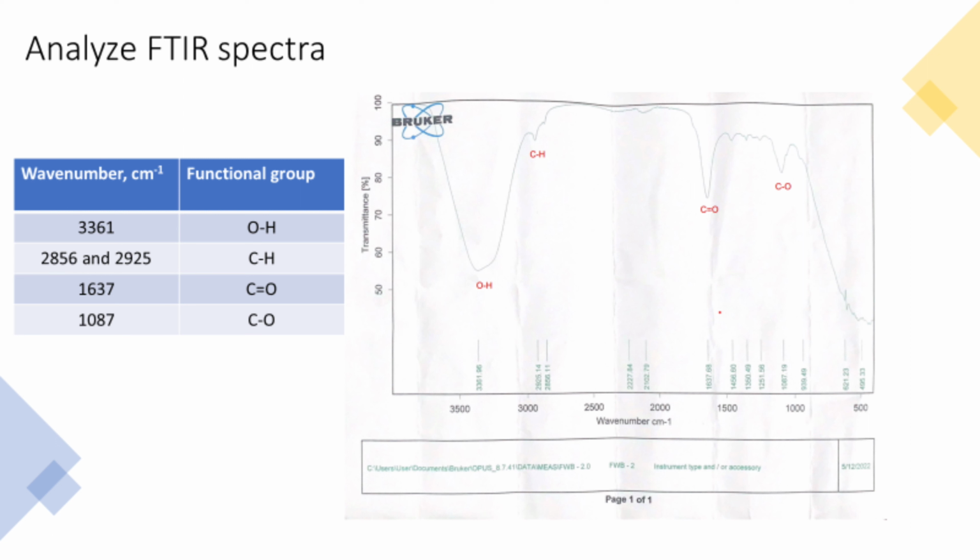Then, CH stretching was identified at wave numbers 2856 and 2925. And lastly, C double bond O stretching and C single bond O stretching were identified at wave numbers 1637 and 1087.